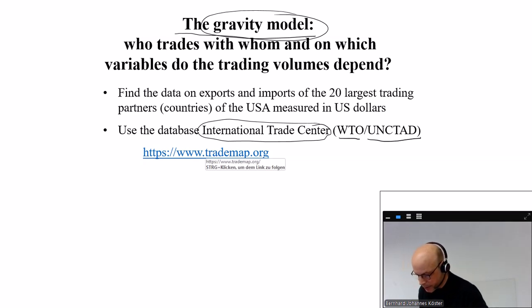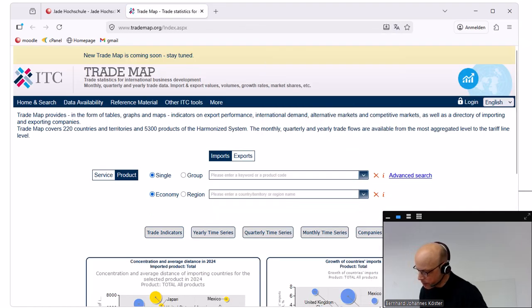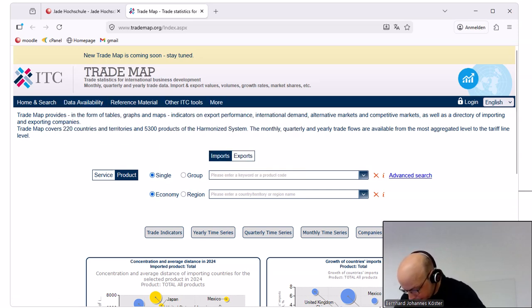So I hope that we can just click on the link. Otherwise, you can copy it from the PowerPoint file, and then you are at ITC, International Trade Center. To obtain the data in more detail, we have to create an account, and then you have to pay, of course, but the yearly time series are open source.